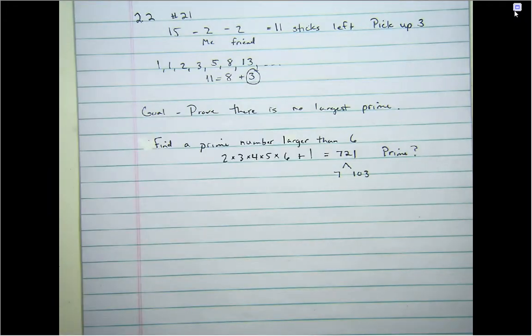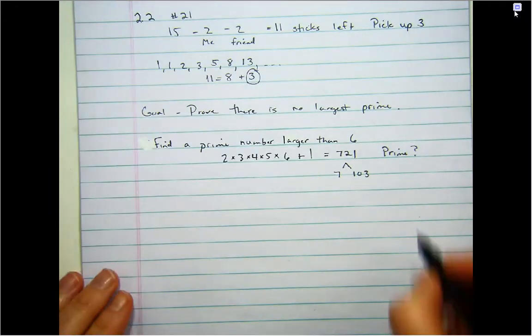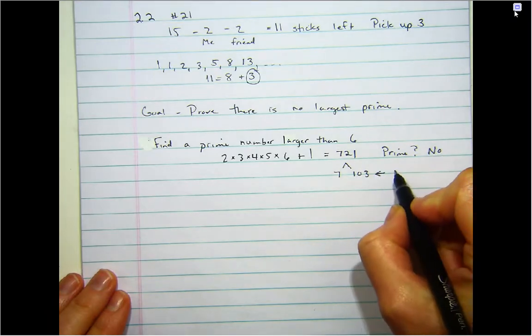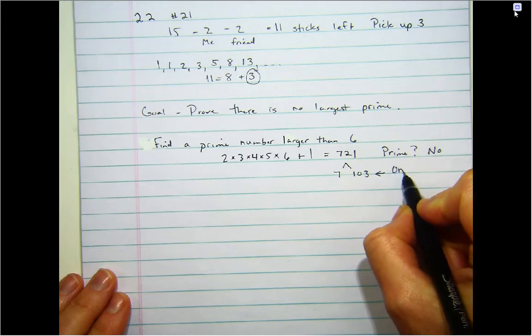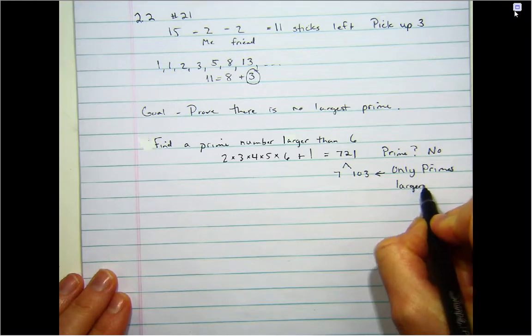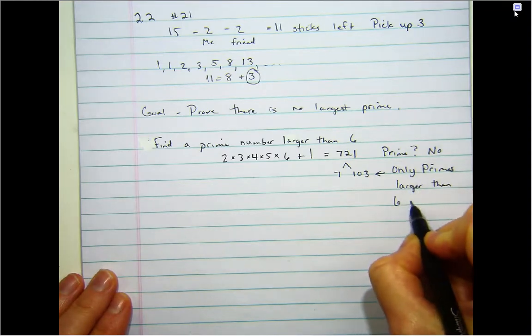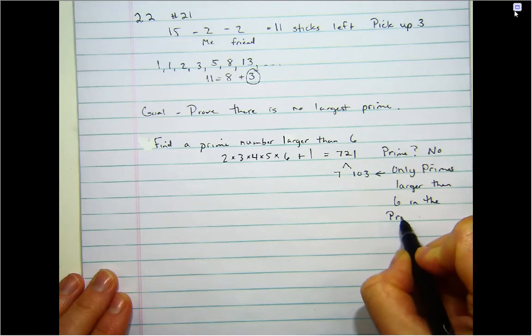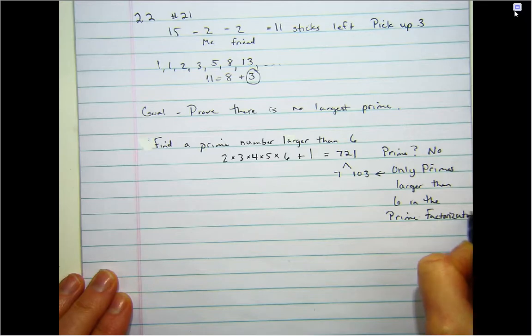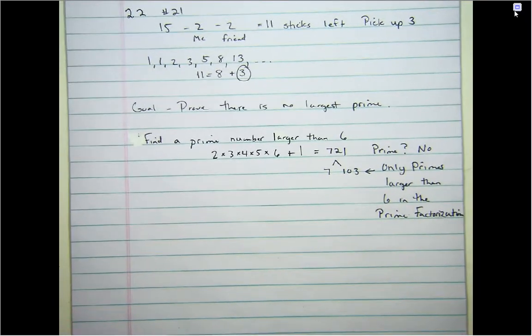Okay, but you notice that the prime factorization has only prime numbers larger than 6. So we constructed this number in such a way that if it didn't turn out to be prime itself, the only prime factors that it would have would be primes larger than 6.